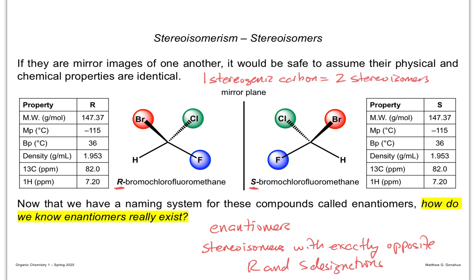So the other issue here is you have these 2 molecules, and what I've done in the table here is just listed some properties. So this is for the R enantiomer, this is for the S. And basically what you see on each entry, molecular weight's the same, melting point's the same, boiling point, density, carbon shift, proton shift, everything is the same, but they're 2 different molecules.